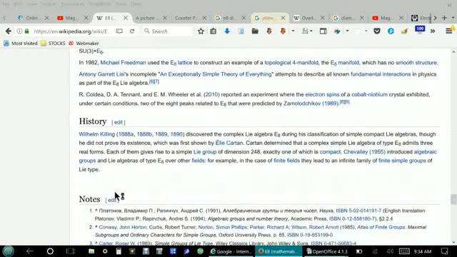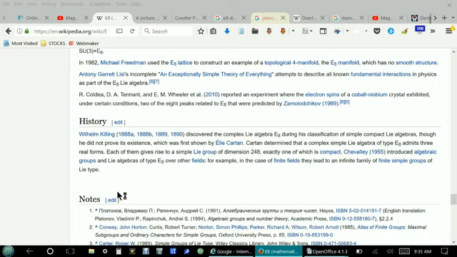I just want again to demonstrate that Wilhelm Killing, approximately 1888, discovered the complex Lie algebra E8 during his classification of simple compact Lie algebras. Though he did not prove its existence, which was shown by Élie Cartan, Cartan determined that the complex simple Lie algebra of type E8 admits 3 real forms.